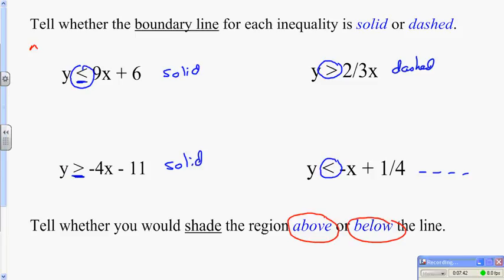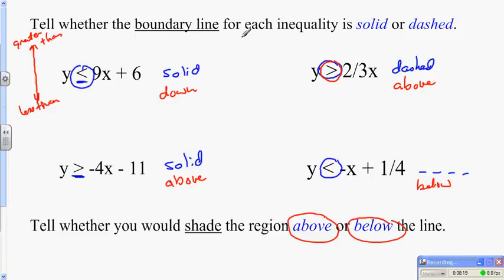Less than or equal to. As y's go up, this is greater than. Y's go down, this is less than. What y's are less than? We'd shade down. What y's are greater than? We shade above. What y's are greater than? Above. And then what y's are less than? Below.